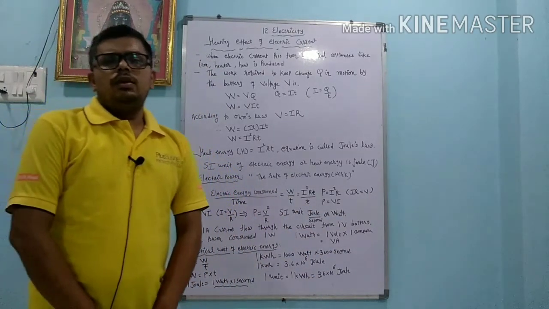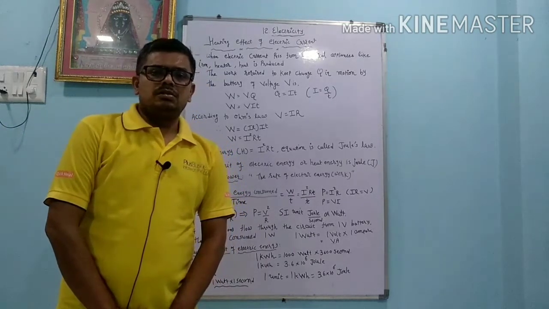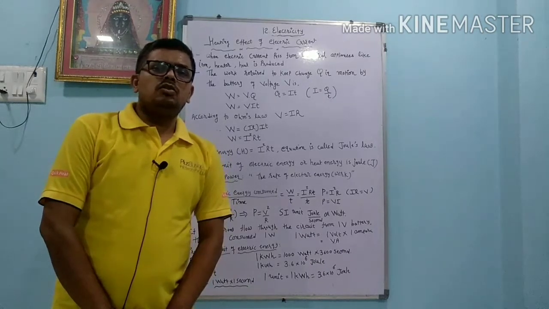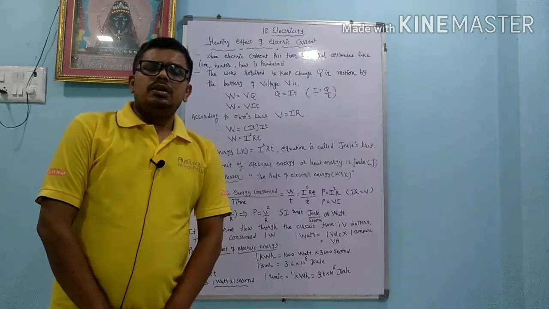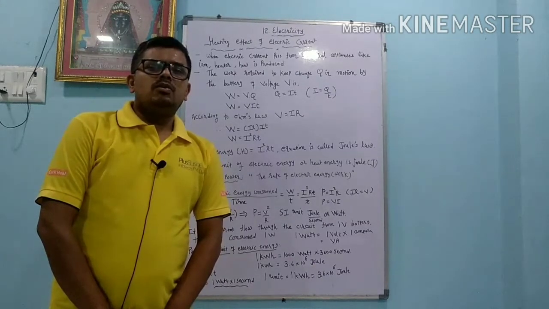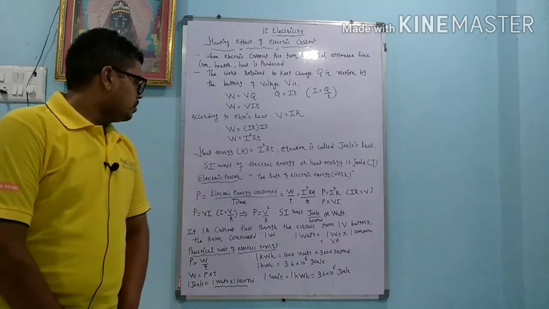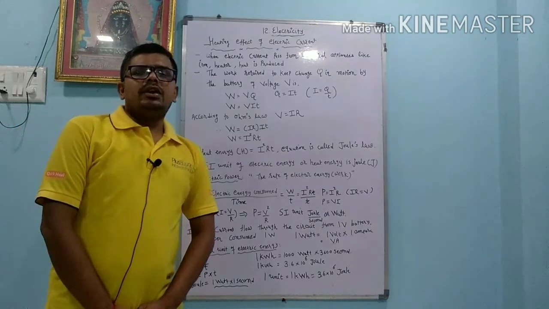Dear student, whenever we go to buy electrical appliances, we mispronounce by mistake. We say we want this many volts of tube light or fridge or any appliance, but we should not use the word volt, we should use the word watt. Electric power means the rate of electric energy.